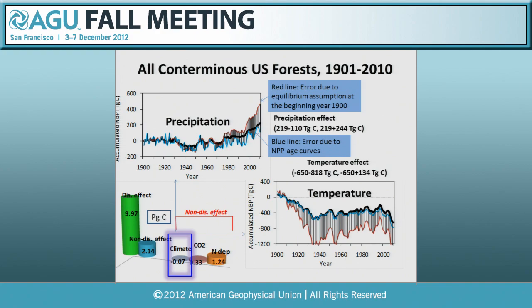And it's negative. But I'd like to draw your attention to this one here. The absolute magnitude is much smaller. And then the total disturbance effect. Here it is in terms of teragrams, here petagrams.